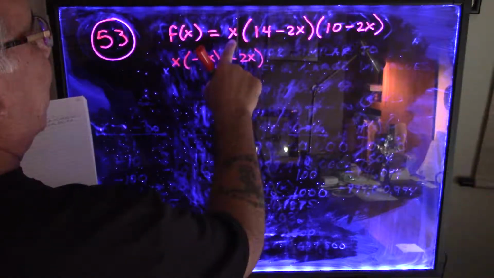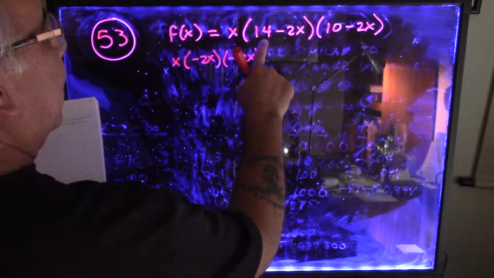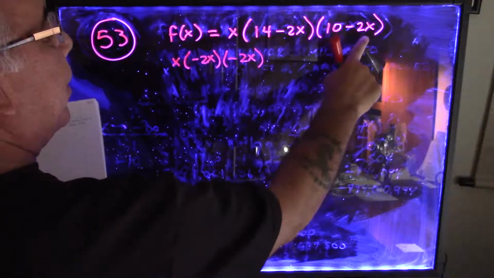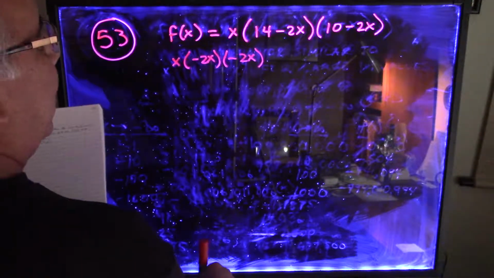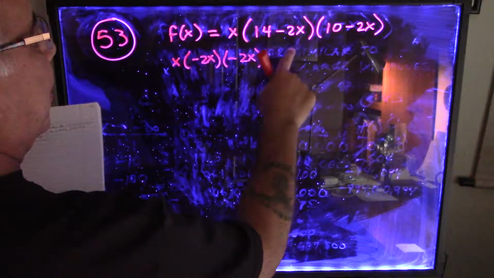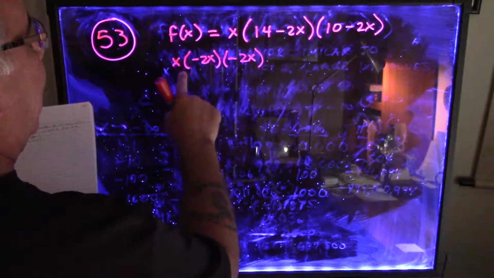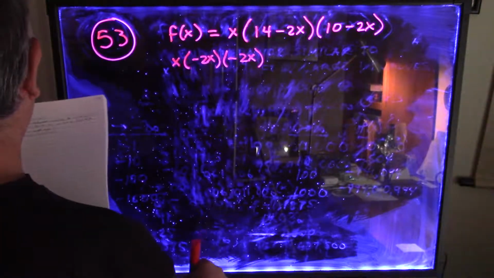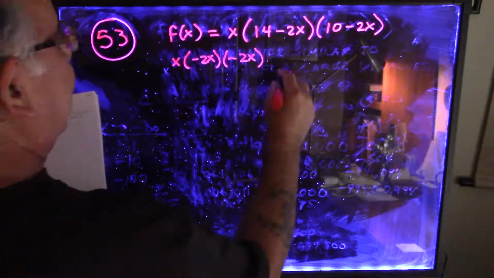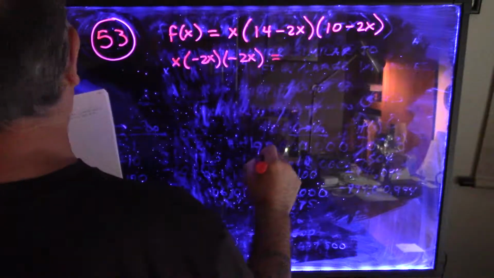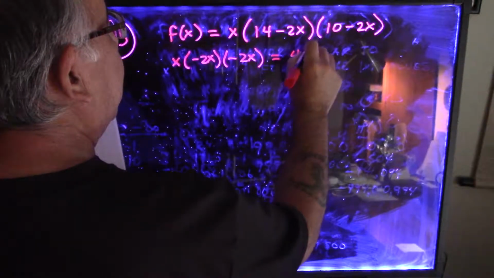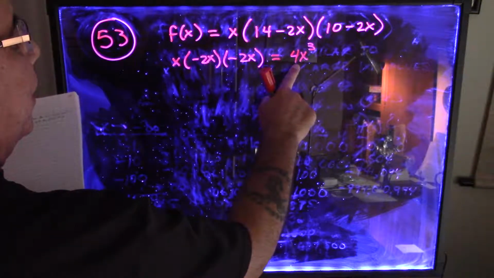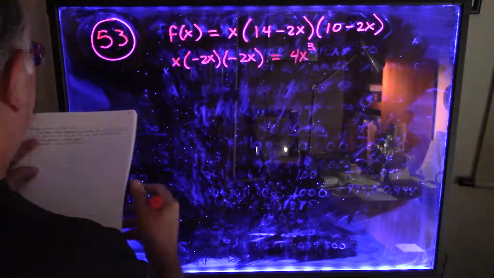So as the absolute value of x gets huge, these constants are really going to be dwarfed by these terms, so they're not going to contribute much to the graph, and it will begin to look a lot like this function. If you simplify this, you get 4x cubed. So it will look like y equals 4x cubed as the absolute value of x gets very big.